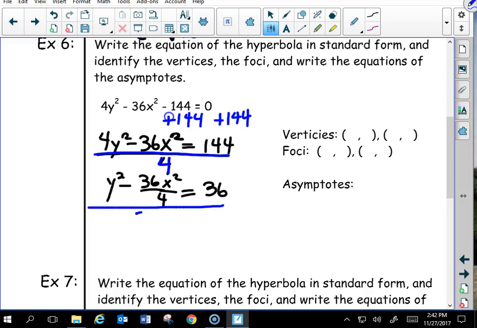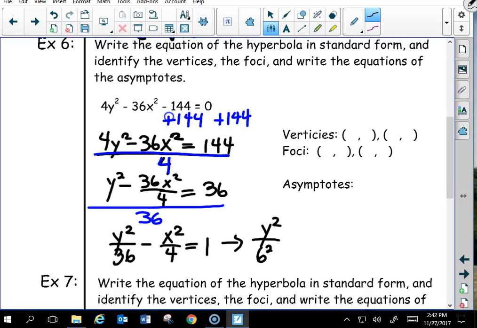Now I'm going to divide everything by 36, and that gives me y² over 36 minus x² over 4 equal to 1. In standard form, that's y² over 6² minus x² over 2².